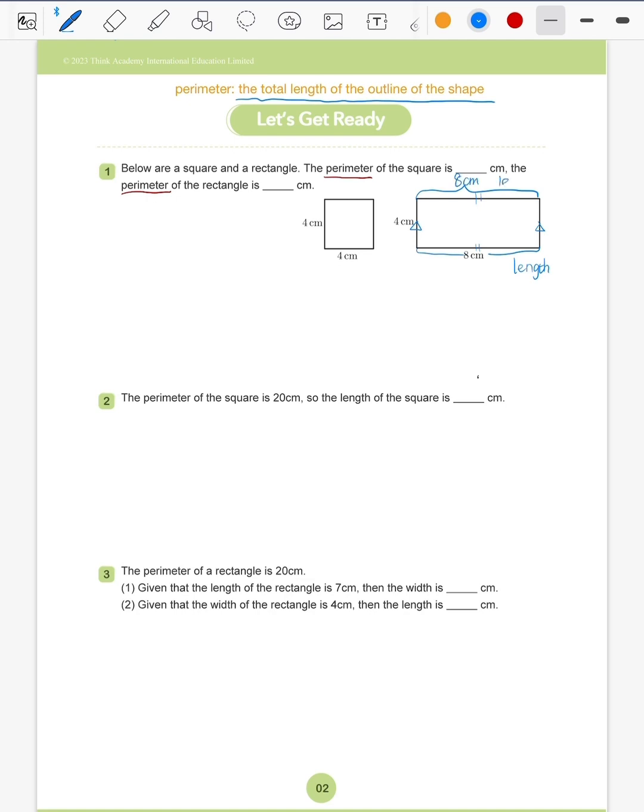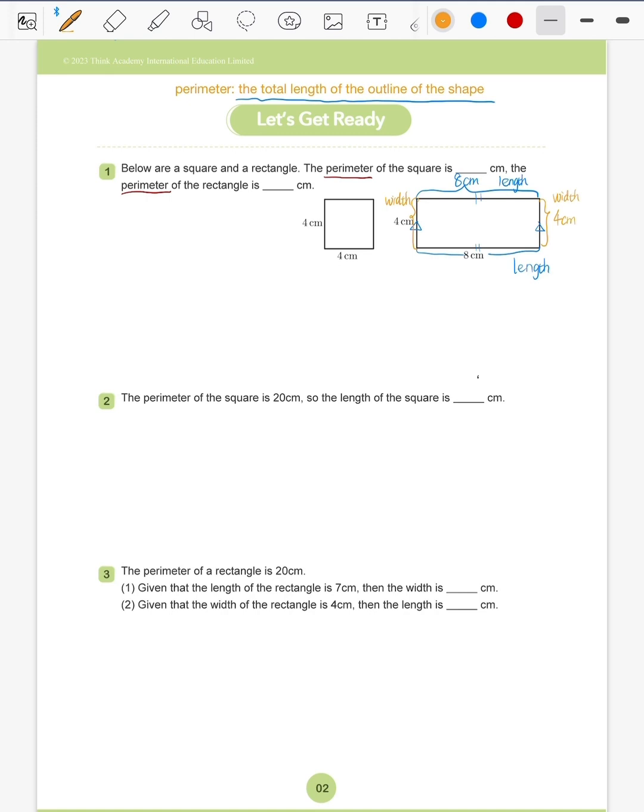And it's also the length. And then for this side, it's 4 centimeters. And we know the opposite side will share the same length. It means this side will be 4 centimeters as well. And we call the shorter side the width.